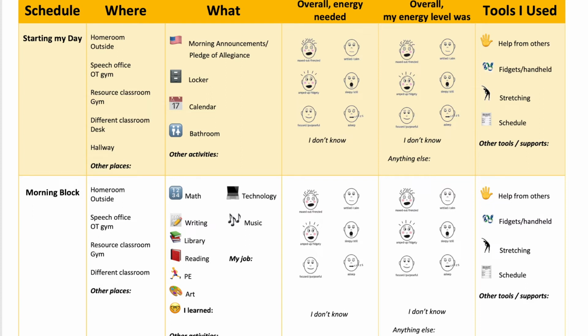Amy informed me that this is something in schools today that is often mandated or required, this kind of communication between home and school. So I'm very pleased that if it has to be done, if it is truly required for the home and the school to communicate in this way, I love that this gives the autistic individual the chance not only to talk about what their energy level was, but also what was needed for the situation.